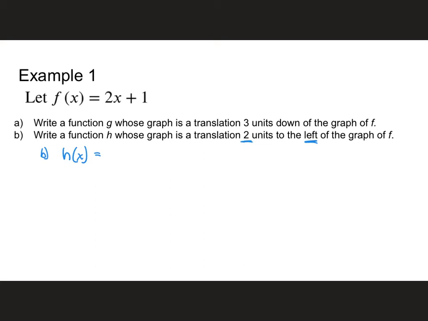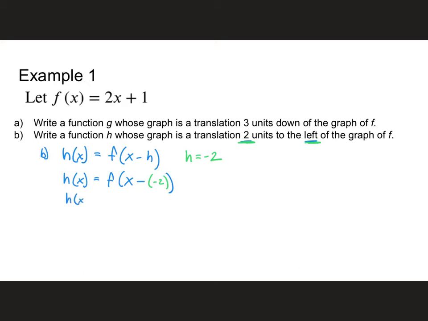In the general form, I'm looking at f of x minus h, and since I'm moving to the left 2 units, I know that h is equal to negative 2. That means my function h of x is going to equal f of x minus my h value, which is negative 2.